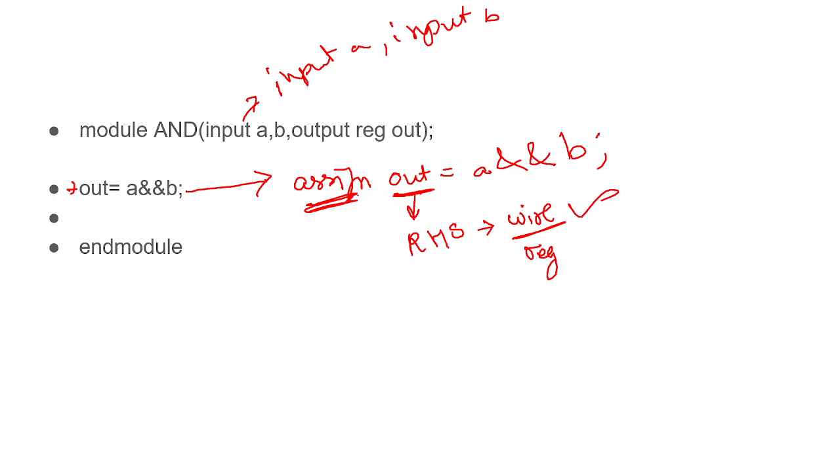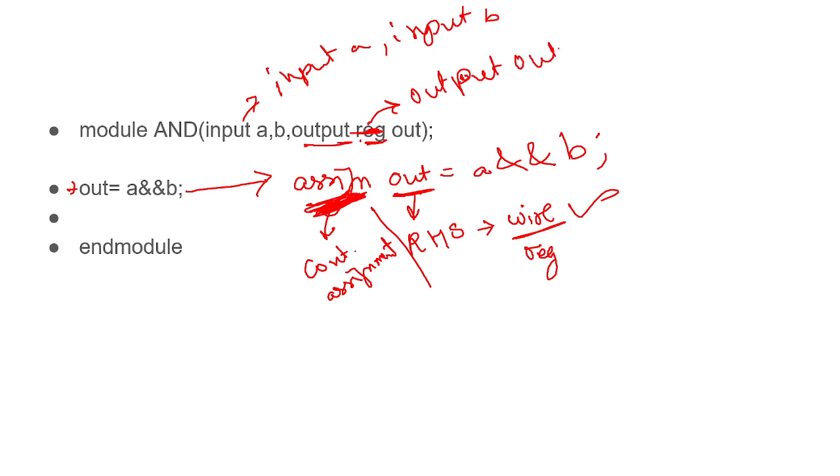Is this a continuous assignment or a procedural assignment? Continuous assign. Here I have defined output as a register type, so this reg also should not come. And also this you can define as input A comma B. This declaration will not give any syntax error.